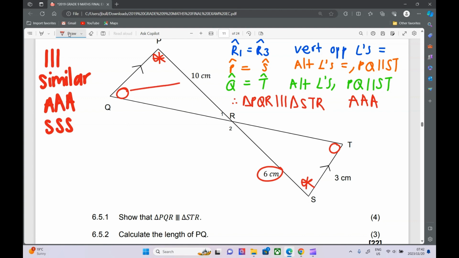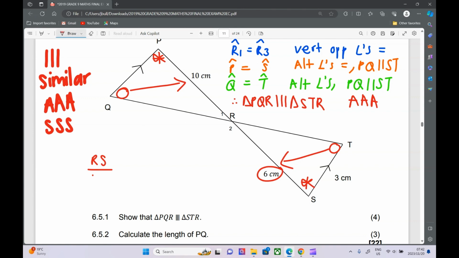It's always the opposite sides. So if we write these similarity statements, we can say RS, so this line in this triangle, over PR. You just need to check that you're using the corresponding sides.